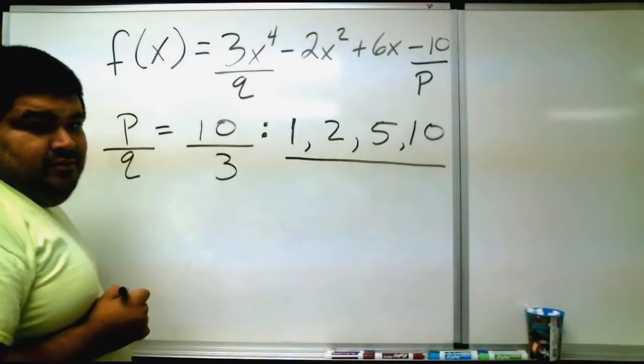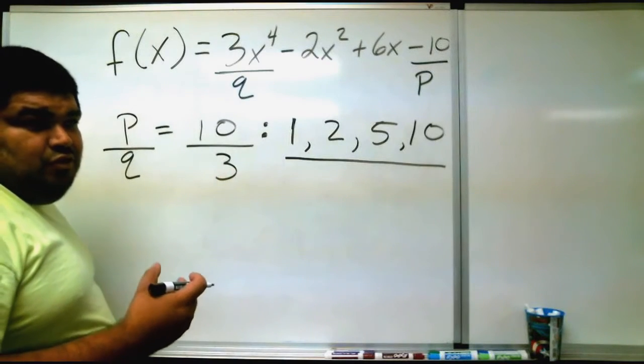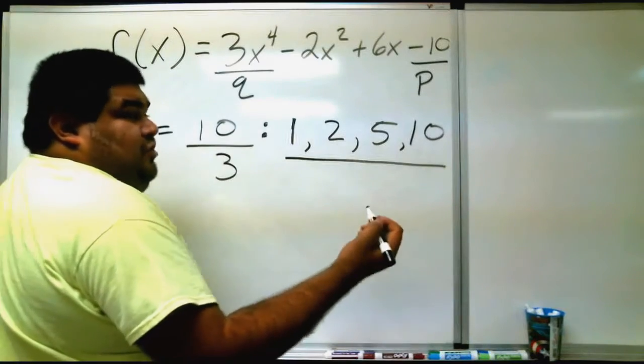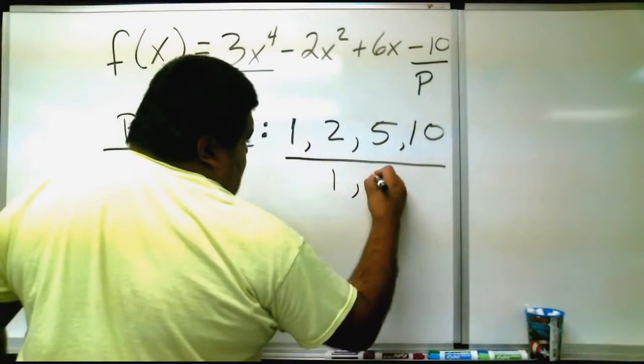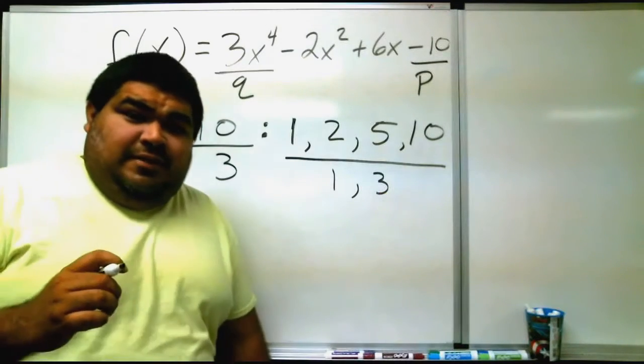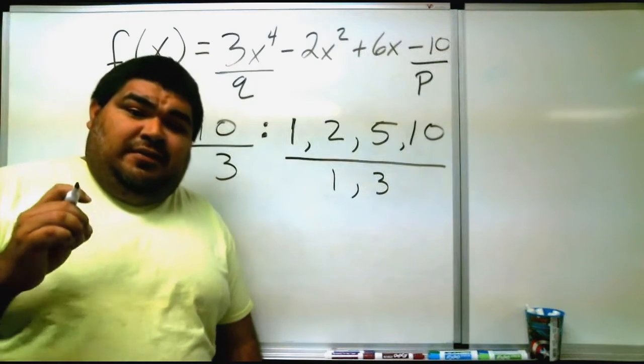Over, again, the numbers that will give you 3. There's only 2 numbers, 1 and 3, because 1 times 3 is 3. There's no other number. It's just a prime number. 1 and 3.